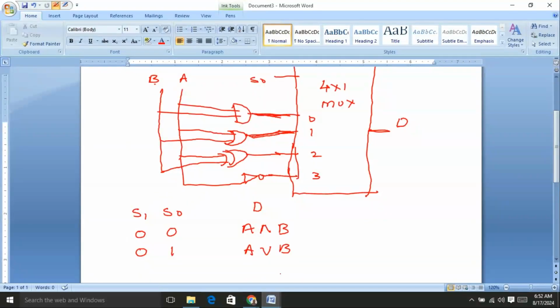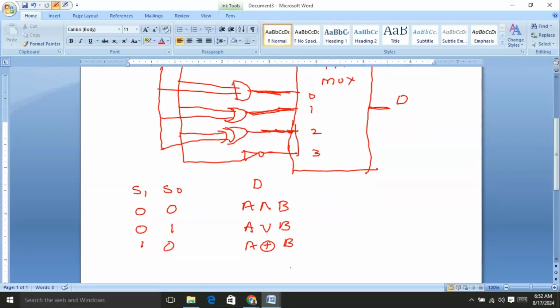Suppose let us consider the selection lines are 1, 0. We know the third input of the multiplexer, which is connected to the exclusive OR gate, is turned as the output, that is A exclusive OR of B. Finally, let us consider S1 value 1 and S0 value 1.